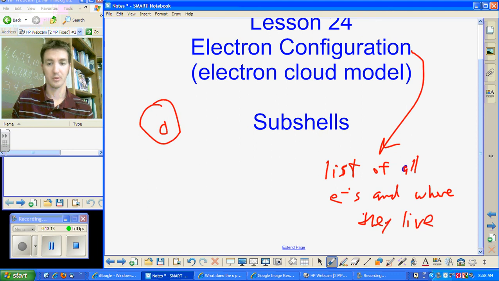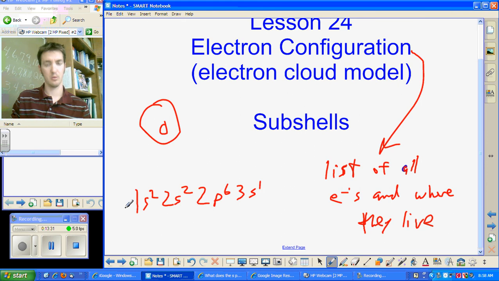A list of all the electrons and where they live. So, for example, it would just be like 1s2, 2s2, 2p6, 3s1. So, where they live: 1s2, 2s2, 2p6, 3s1. That means I stopped on 3s1.